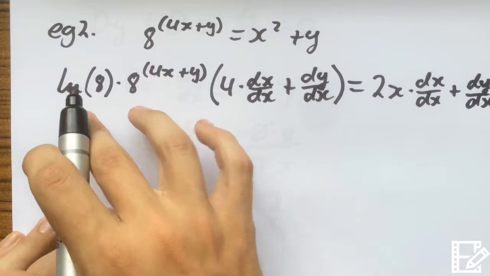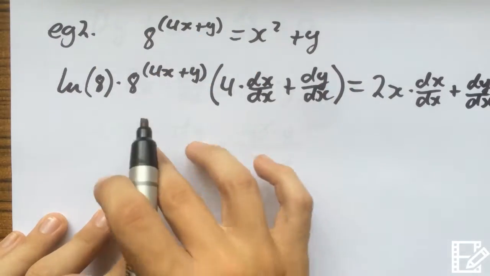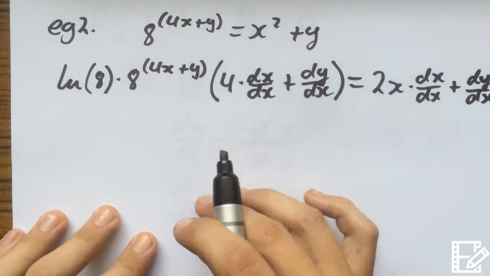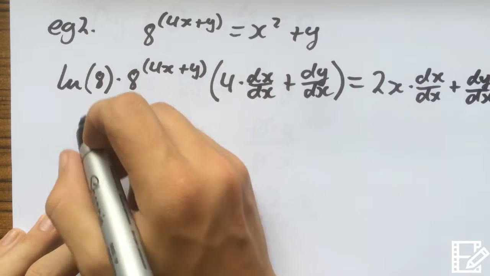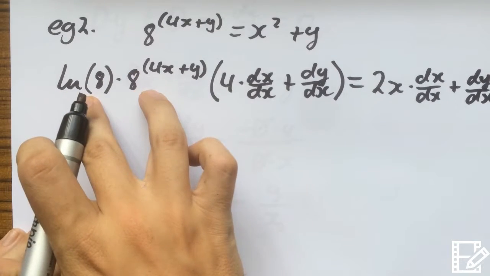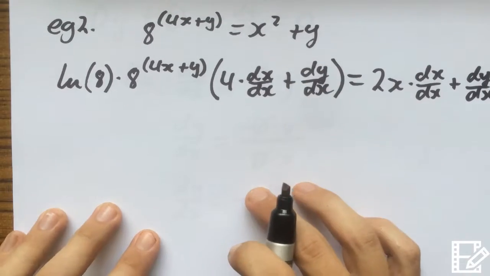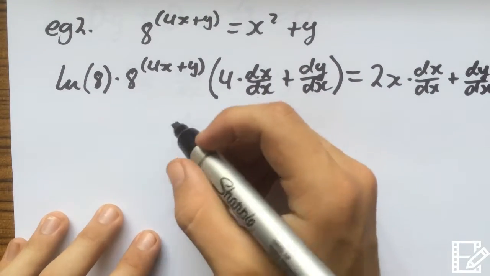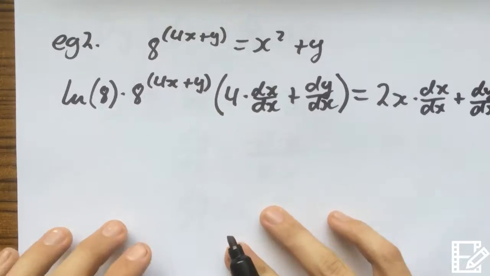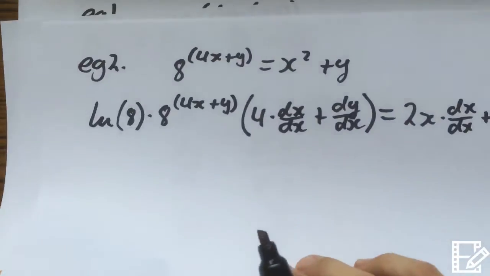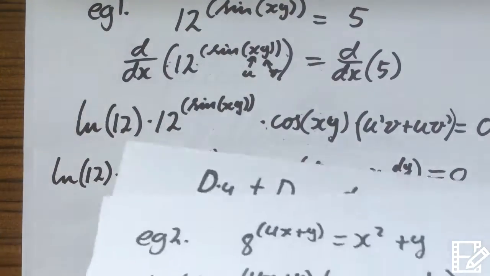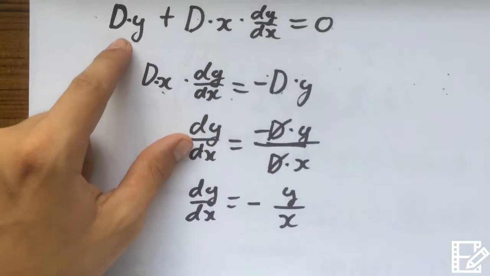All I did was derive both sides. Now we're going to multiply this into this and this into this. Because it's not as drastic as the first one, we're not going to change it to a letter.